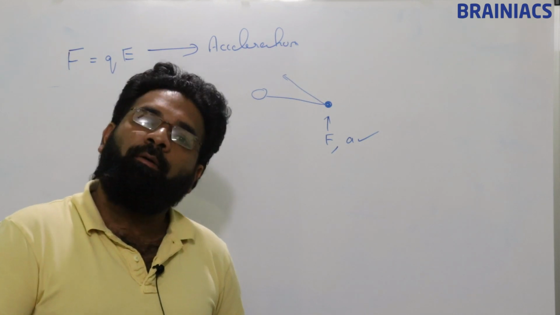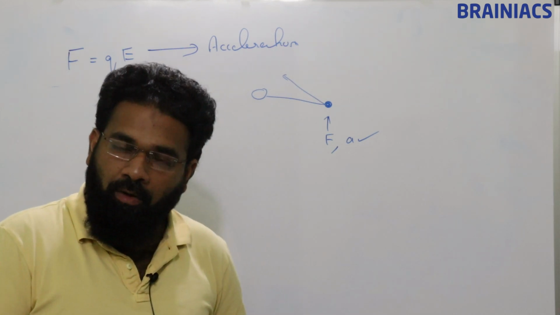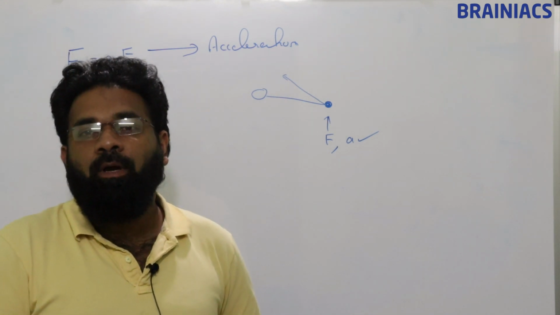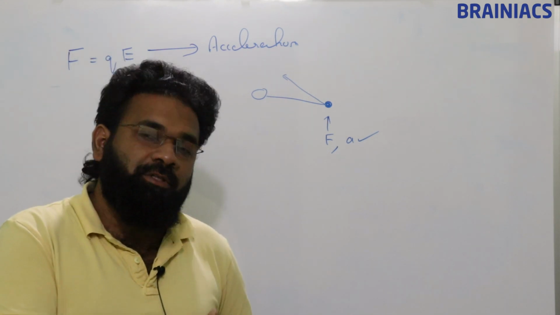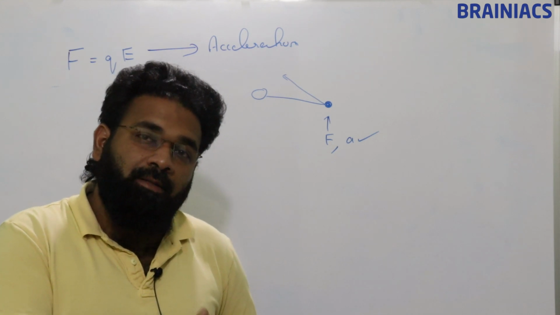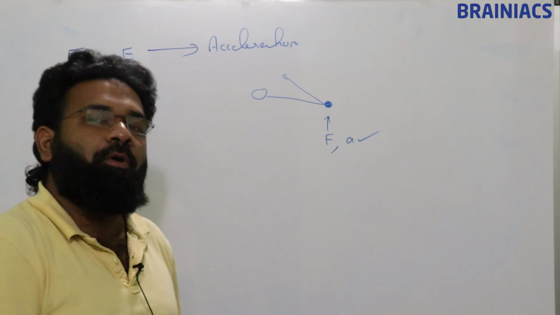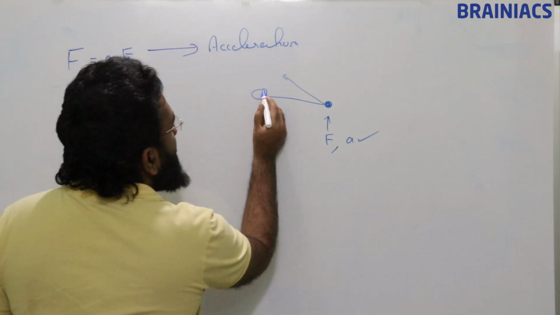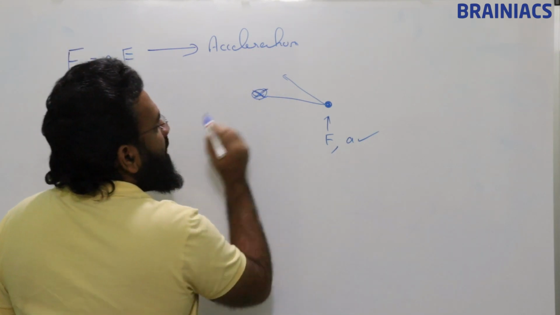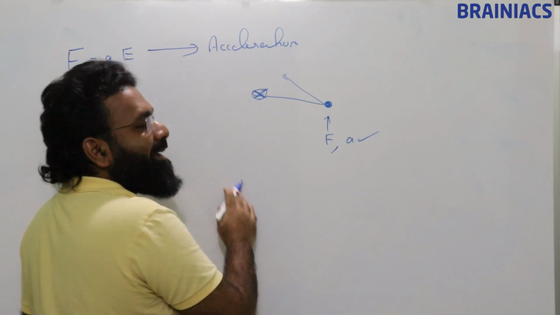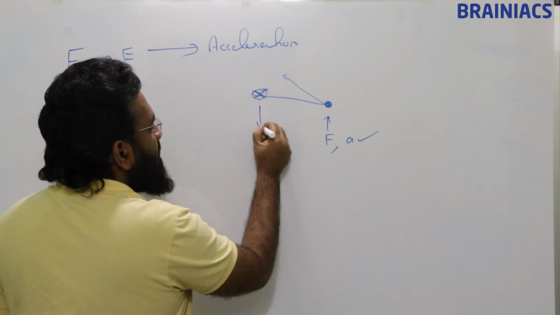It collides on the way with so many electrons, with so many ions, and a lot of collisions will happen in between, and then it reaches the other side. It moves around the circuit with a lot of collisions. So it will collide with another particle. This particle can be ions.